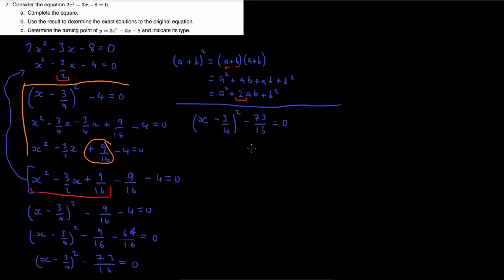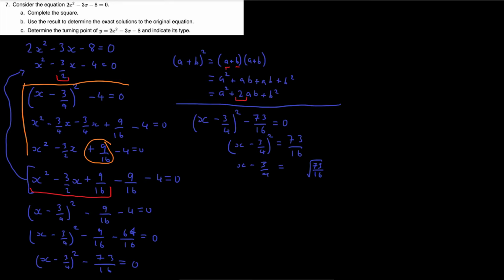Let's add 73/16 to both sides. (x − 3/4)² = 73/16. Now we can square root. We want to get the x eventually on its own. So x − 3/4 equals the square root of 73/16.